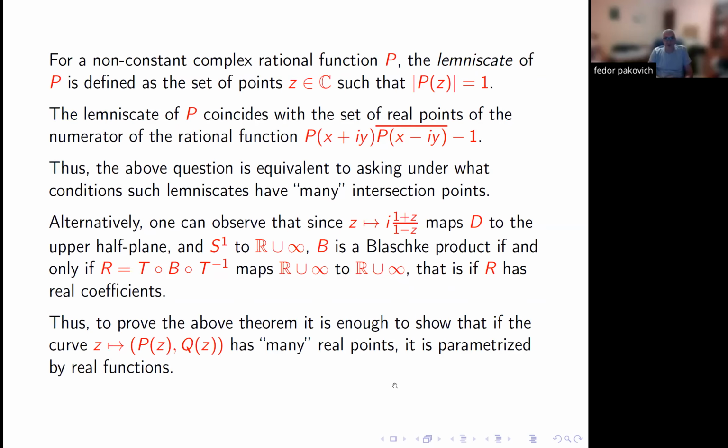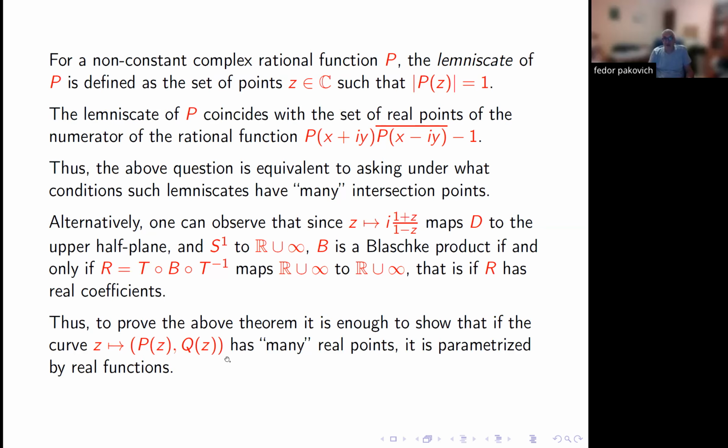Now there are two approaches to proving this result. First of all, let me recall that there is a classical object called a lemniscate, which is defined like that. The lemniscate coincides with the set of real points of the numerator of this rational function. So the above question is equivalent to asking under what conditions such lemniscates have many intersection points.